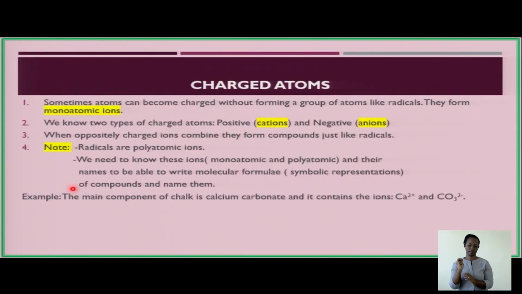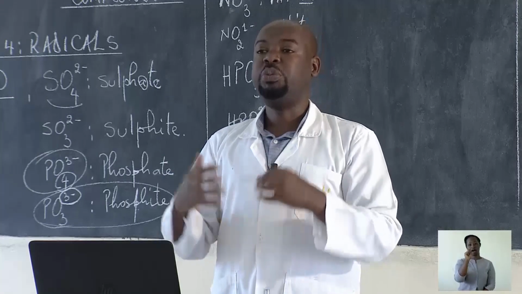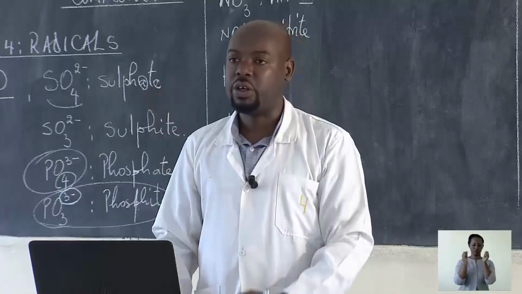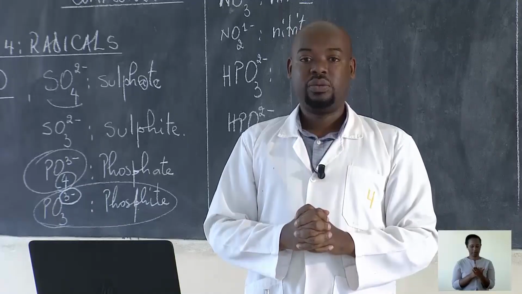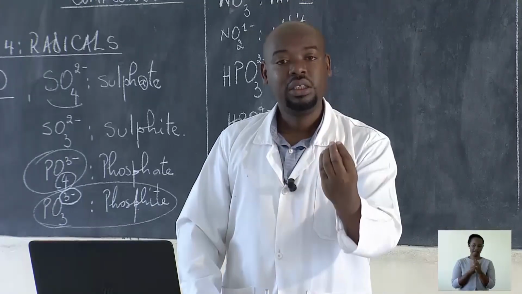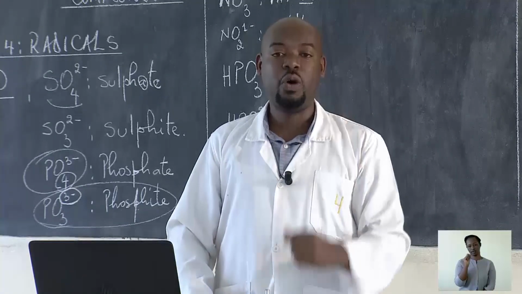Now let us have a look at the charged atoms. We have seen that atoms can combine to give charged particles which behave like a single particle, and we have called those ones radicals. But what is the name when they don't form radicals?